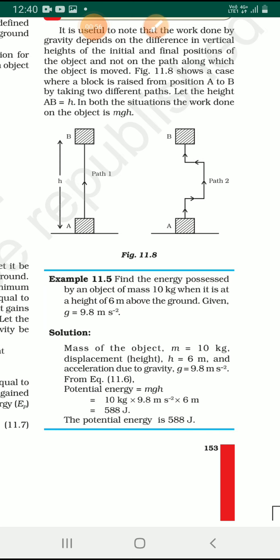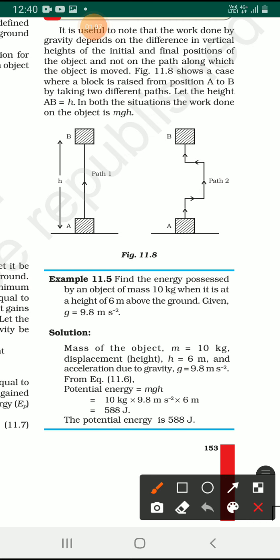Find the energy possessed by an object of mass 10 kg when it is at a height of 6 meters above the ground, and g is given as 9.8 meter per second square. Children, I hope you remember from previous classes that if gravitation is not given, you must consider it as 9.8. If it is given, maybe as 10 in some problems, you must take 10. Here it is given as 9.8 meter per second square.